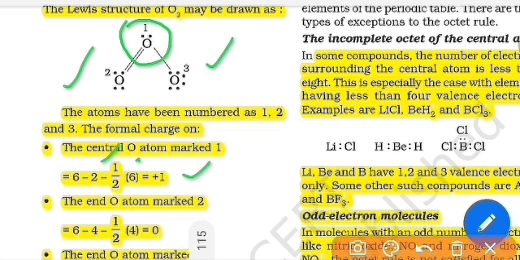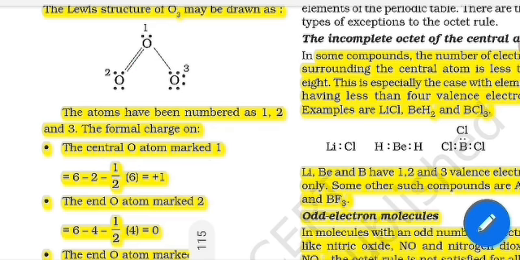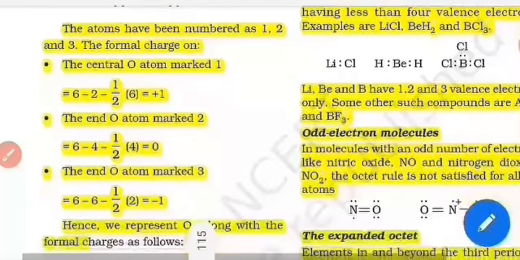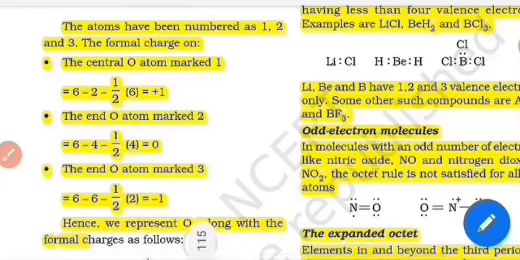Similarly, the formal charge on the second oxygen atom can be calculated and it comes out as 0. And the formal charge on oxygen number 3 is -1. Now this +1, -1 and 0 are the charges developed on each oxygen atom in the ozone molecule as compared to their neutral state.